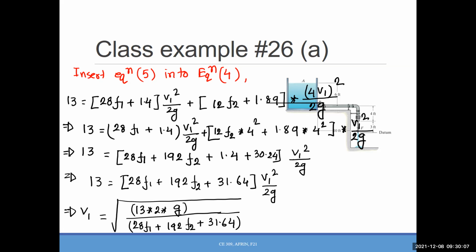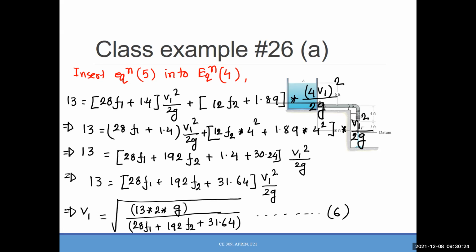Okay. And I will name that equation as equation number 6. Okay. And our task is almost done. That was the hardest part, to get that expression.